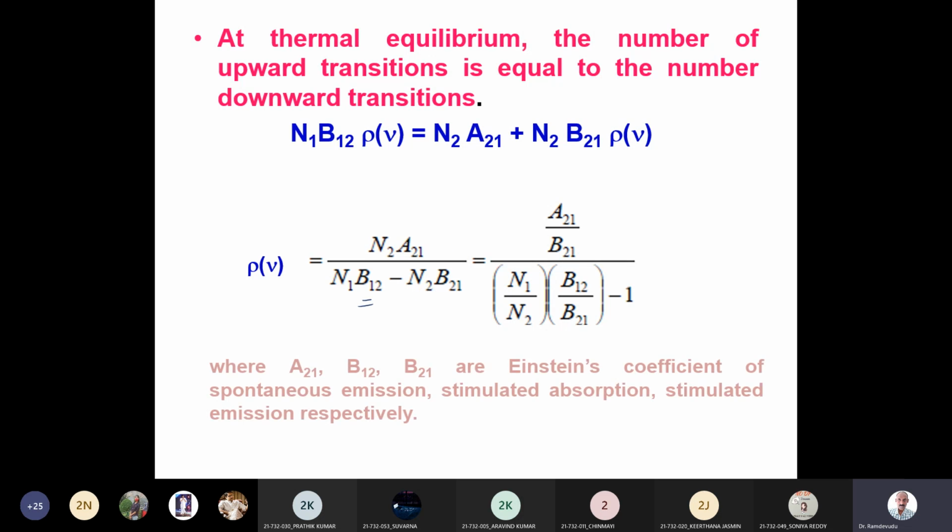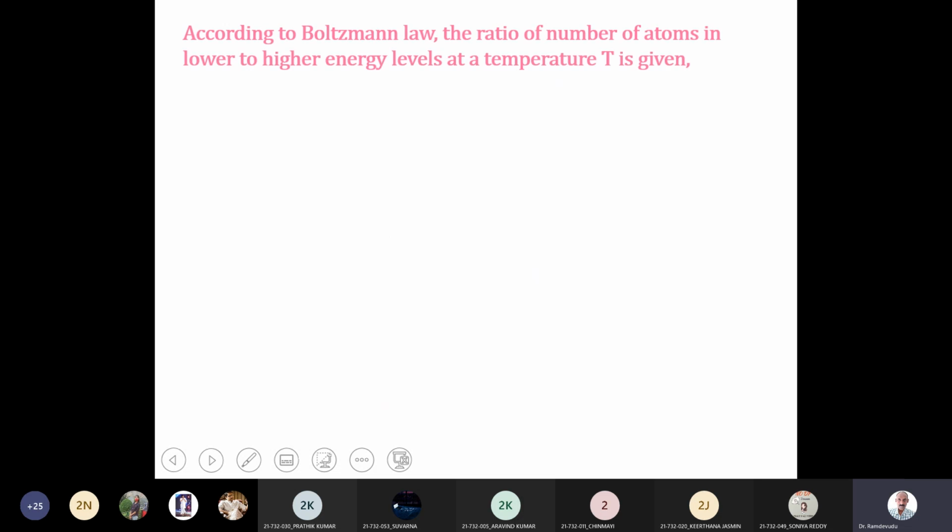From this, you can use the general perception that B12 is the induced absorption coefficient, A21 is spontaneous emission, and B21 is the stimulated emission coefficient, and thereby we will get rho equal to this. And if you simplify this, we have the Boltzmann law.